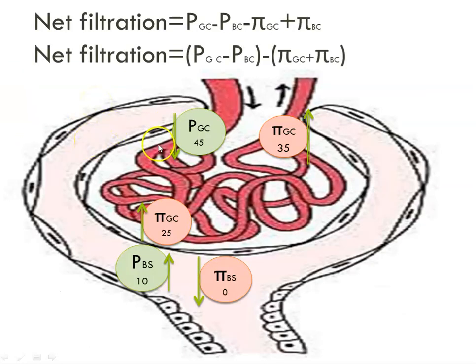Now see, what are the positive forces? This hydrostatic pressure is a positive force towards the membrane, and this one is also positive pressure. These two are in the same direction.